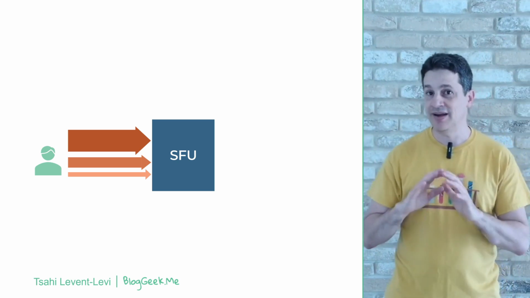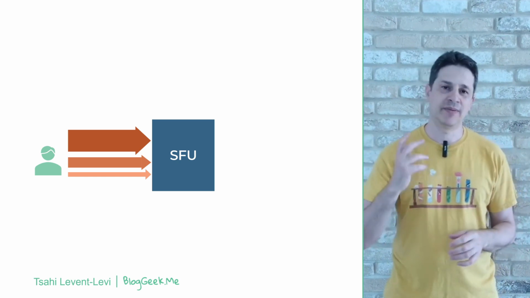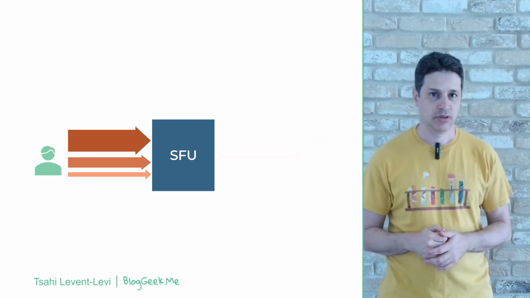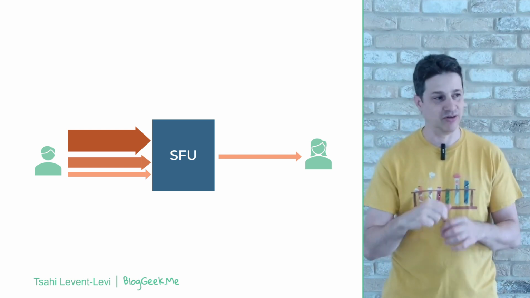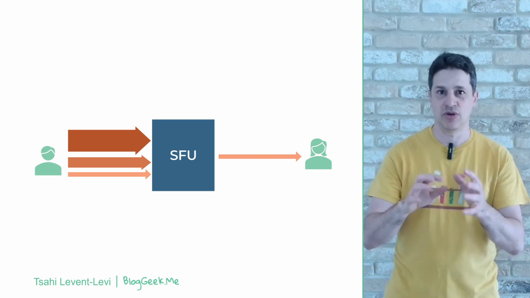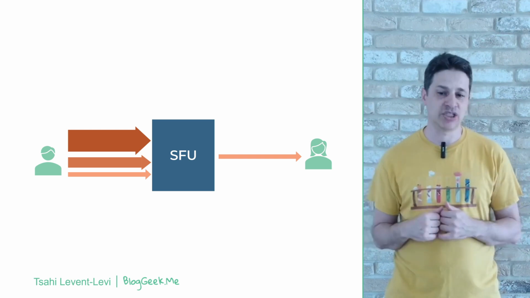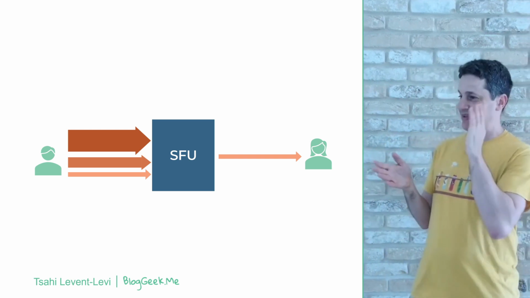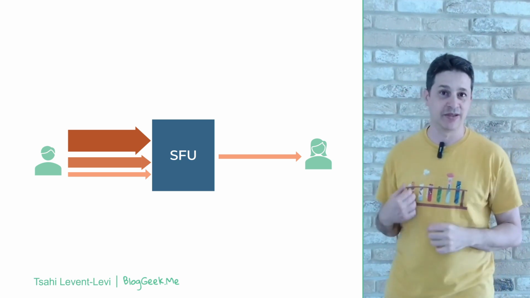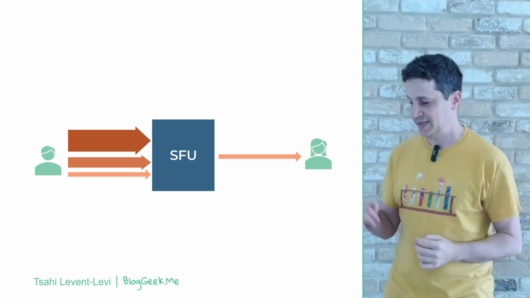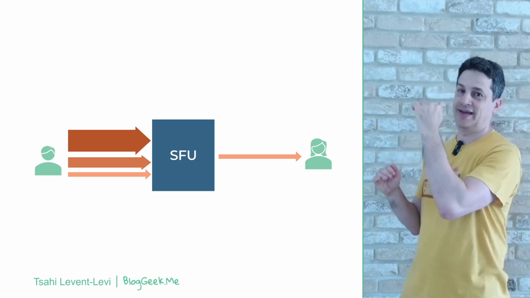It works like a charm in large group calls. But what happens if we're in a one-on-one session? And frankly, 80 to 90% of all the calls out there, of all of the clients that I've seen, are one-on-one. In one-on-one sessions, we've got the user sending 3 different streams. In order to generate these 3 different streams, I need to use the same encoder 3 times: low bitrate, medium level, and high level.